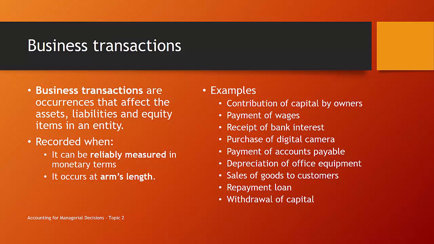Those are between parties, between one party who owns Woolworths shares and another who doesn't. And yes, there may be a clearinghouse in terms of the market, but any movement in their shares between third parties doesn't affect Woolworths' assets, liabilities, or equity. So that would not be a business transaction.